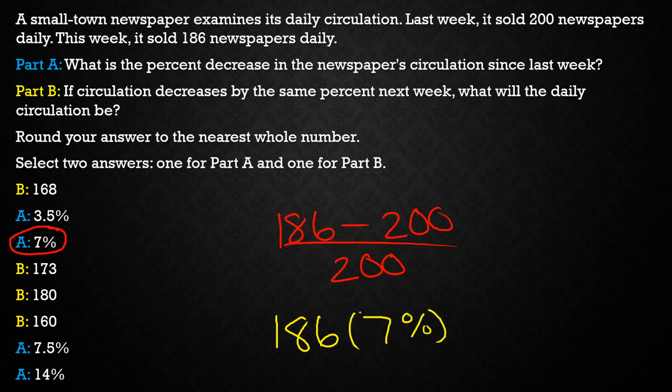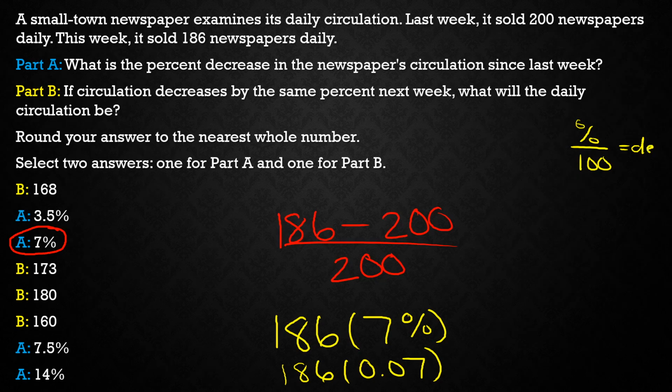However, you cannot multiply by percentages. You must change them into a decimal. Okay, so 7% as a decimal is 0.07. If you don't know, you could always take your percent and divide it by 100. This will give you your decimal. Okay, so if I did 7 divided by 100, I would get 0.07.